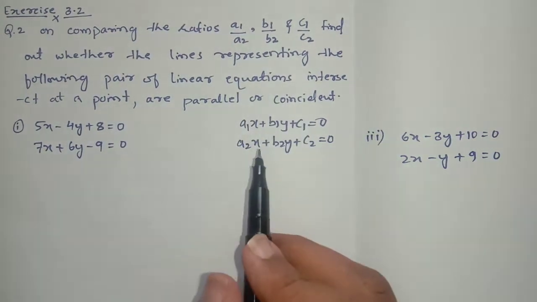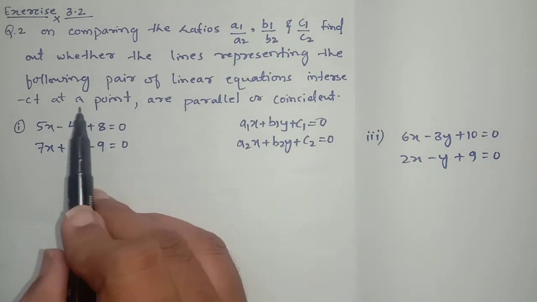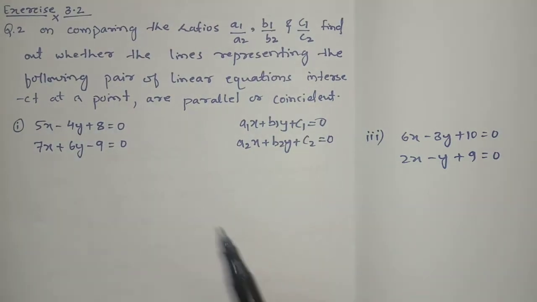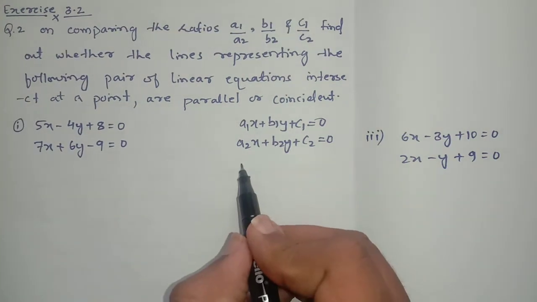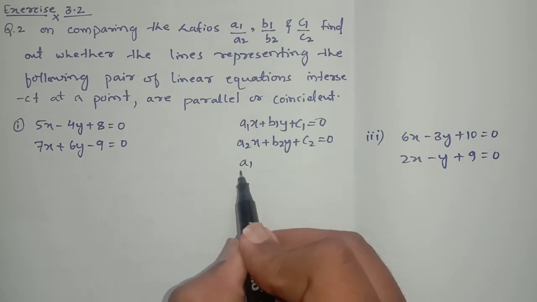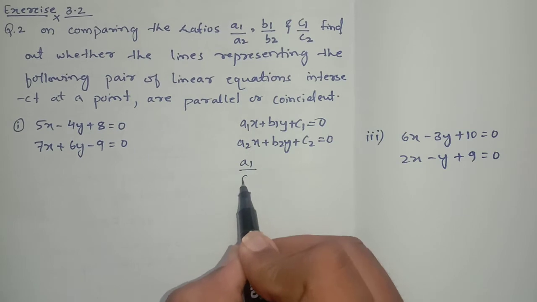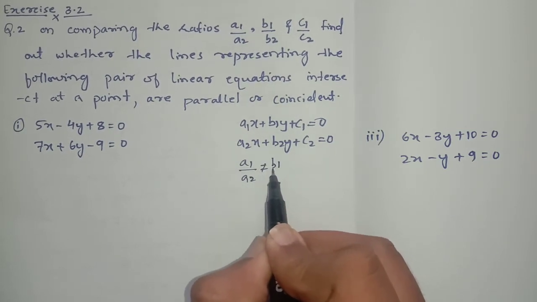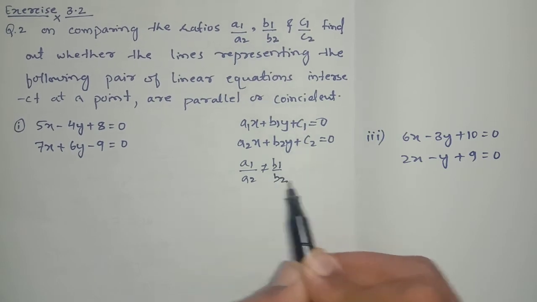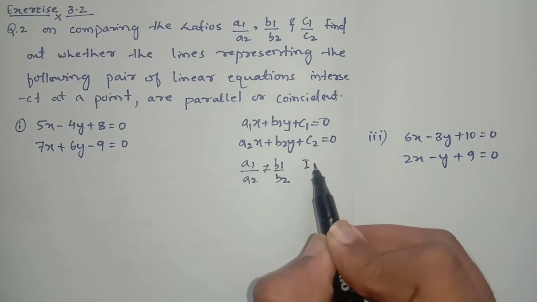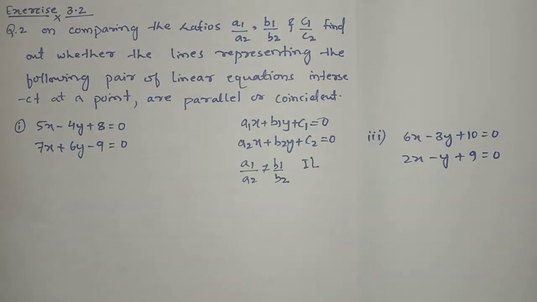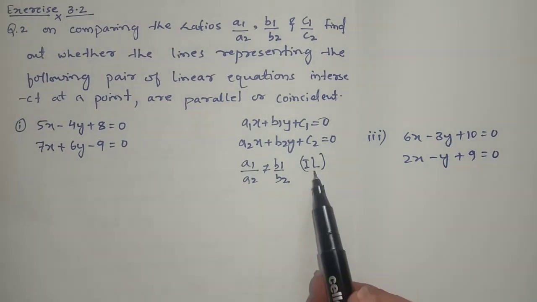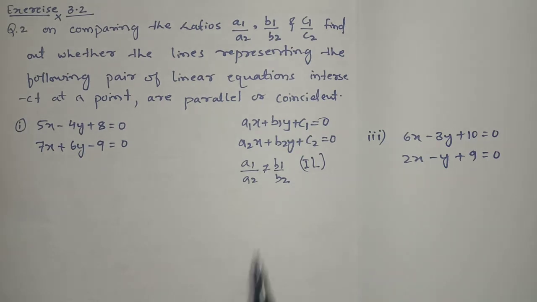Also, I want to show you when the lines intersect at a point, when they are parallel and when they are coincident. If a1 by a2 is not equal to b1 by b2, then lines are intersecting lines. I am writing IL; you write in full: intersecting lines.